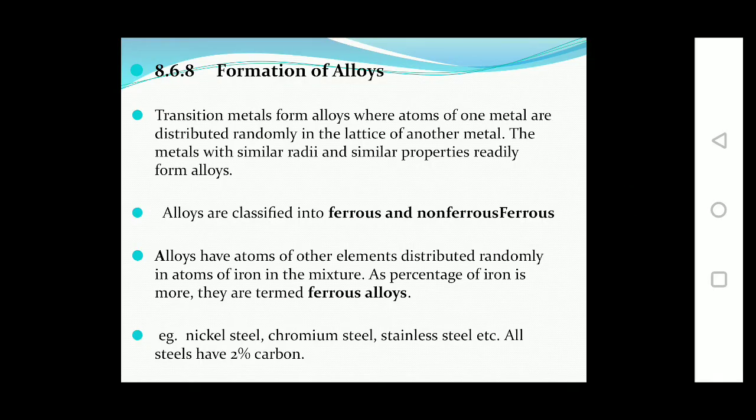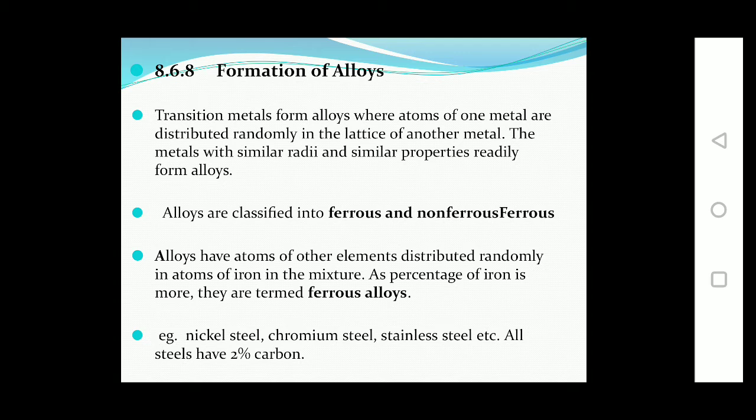Now, we are going to learn about the formation of alloys. What is the difference between interstitial compounds and alloys? In interstitial compounds, the percentage of carbon, nitrogen, hydrogen is very, very less, about 0.2%. But alloys are actually a fusion of two metals, a mixture of two metals, we can say.